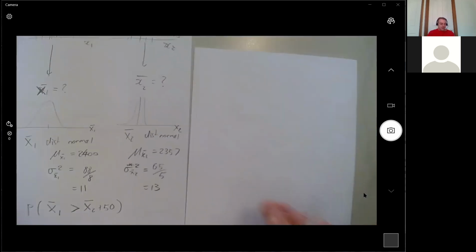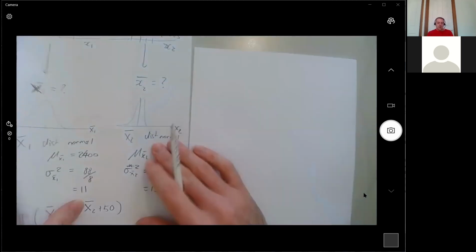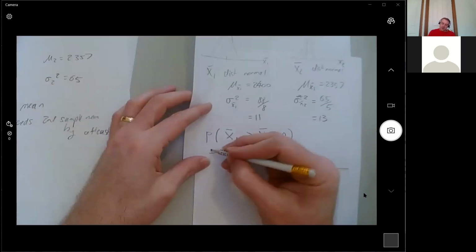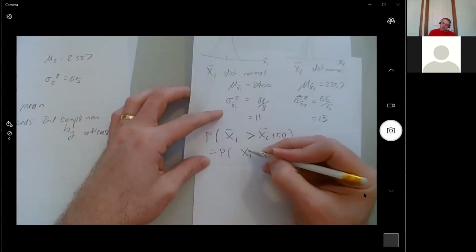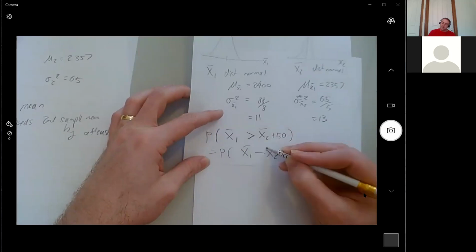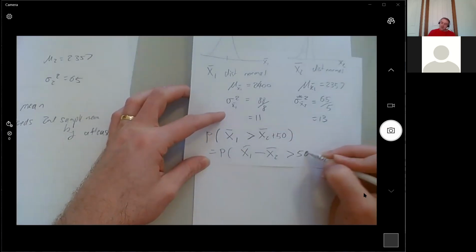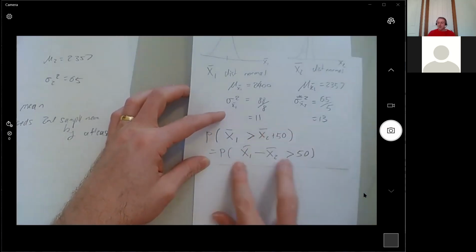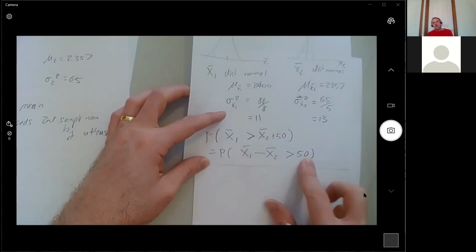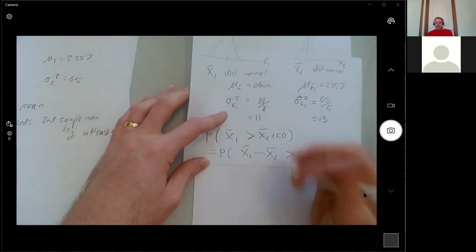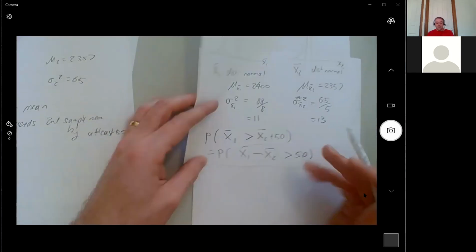So I reckon if I rearrange this and I have x1 bar minus x2 bar, I can subtract x2 bar from both of those. And then this is saying that the difference between x1 bar and x2 bar is more than 50. And this is a new random variable.